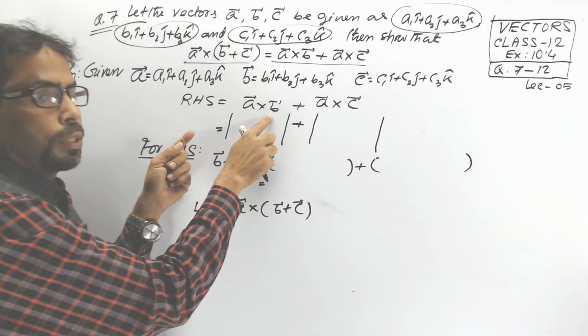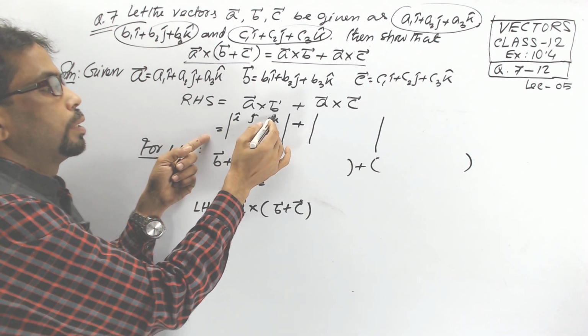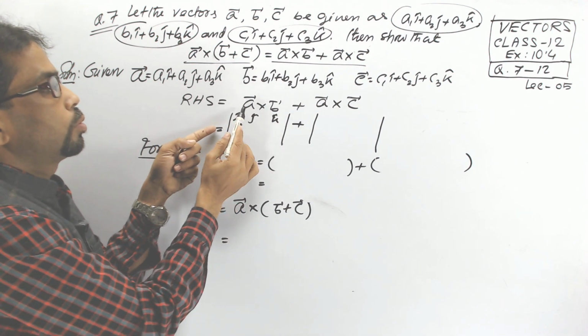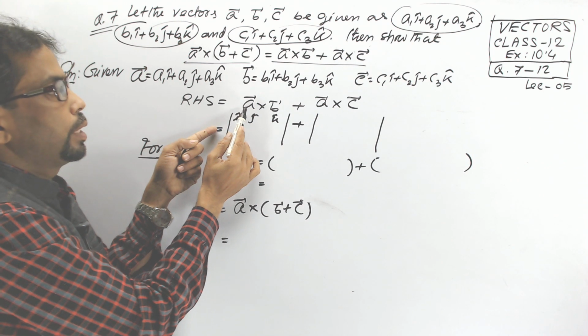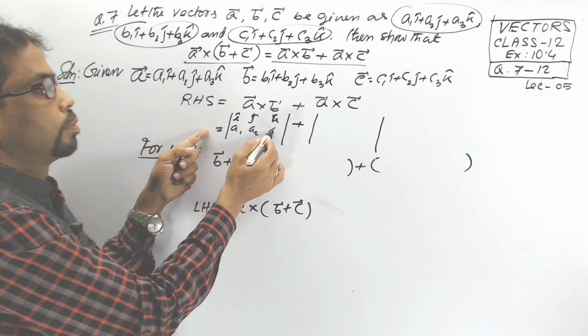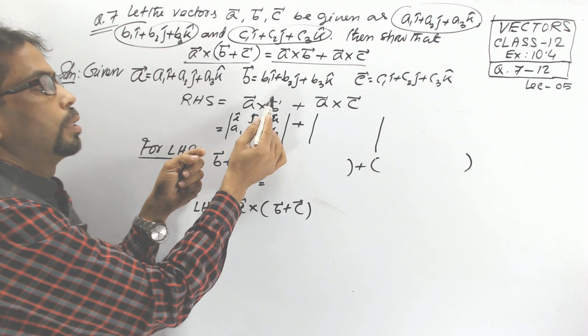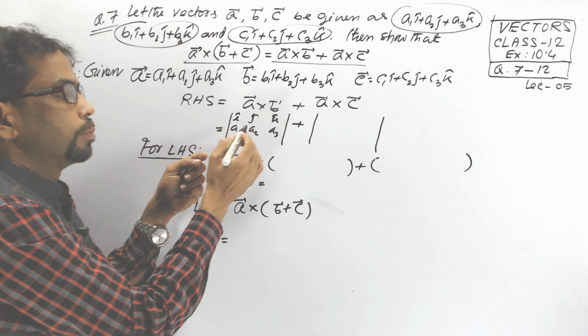So A cross B is made by a determinant in which the first row is i, j, k, and the second row is made by the coefficients of the first vector, A1, A2, A3, and the third row is made by the coefficients of the second vector B, that is B1, B2, B3.